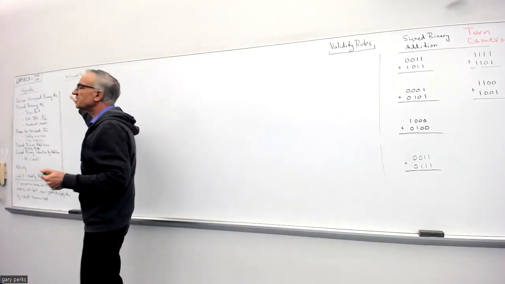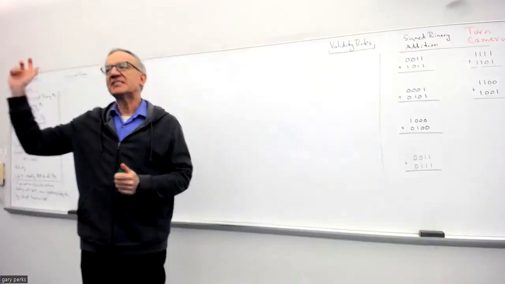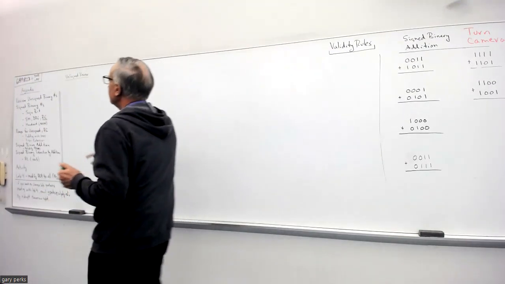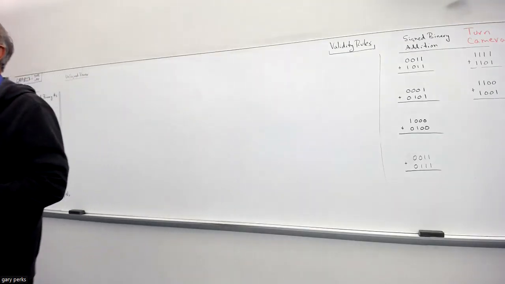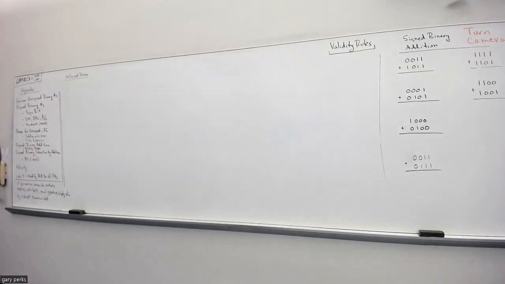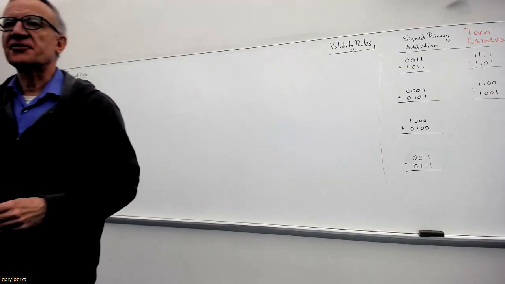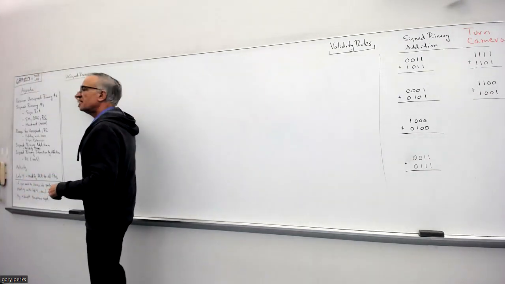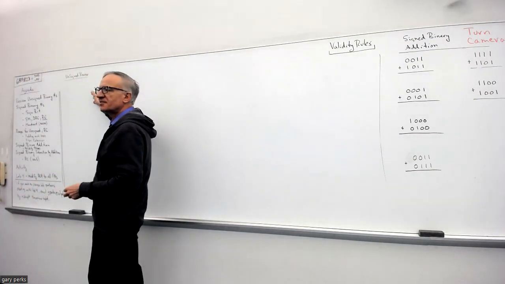All right, so where we're going to start today is with something we've already talked about and you've already used, and that's unsigned binary numbers. Prior to this class, we haven't talked about how you can use binary to represent signed values. We've only taken them as unsigned. So somebody give me a binary number, just any number.